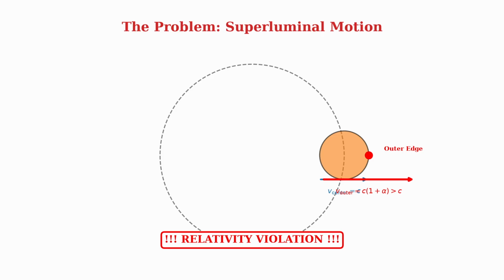How much larger? Well, that's just the standard expression for orbital motion: c times 1 plus the radius of that point-like charge, alpha, if you normalize the big Compton radius to 1. So it's larger than c. That's a relativity violation, because nothing can go faster than light.